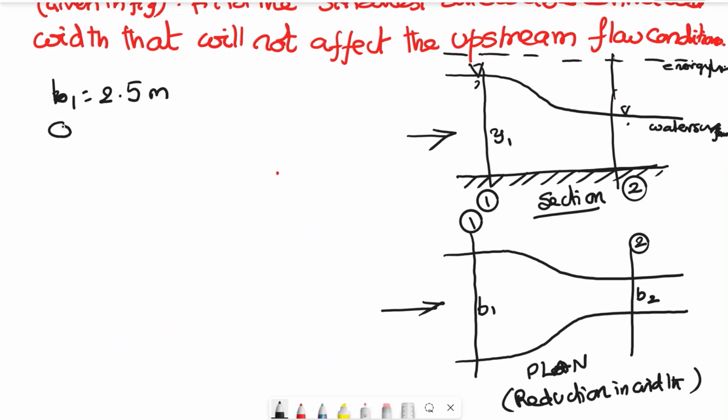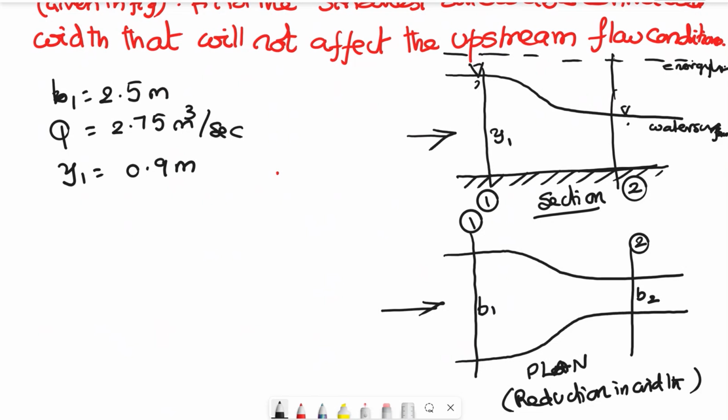And the flow is Q equal to 2.75 meter cube per second, that is second data, and y1 is equal to 0.9 meters. This is what he has given. A contraction in the channel width is proposed at a certain section. Find the smallest allowable contracted width.